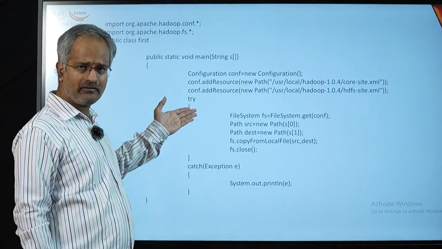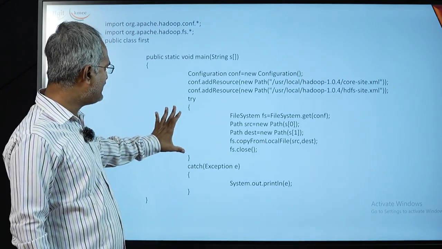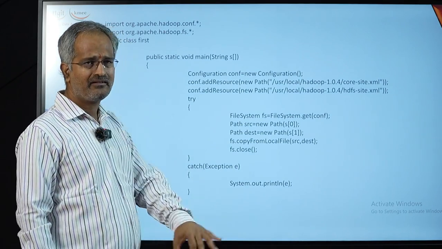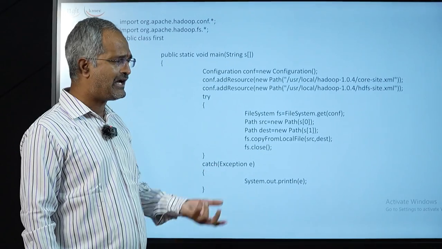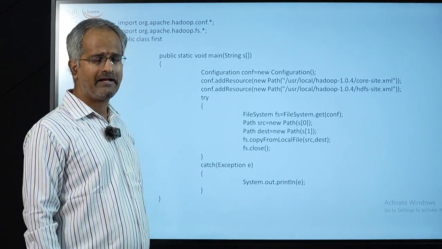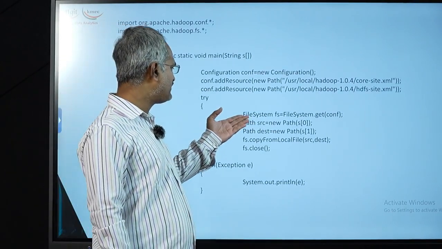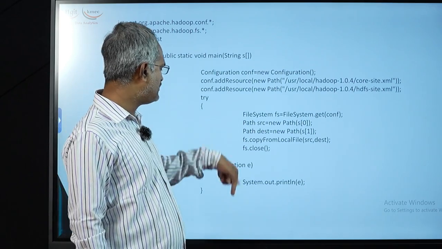And we are handling the exception here in the try-catch block. There is a chance of some exceptions being raised, maybe file not found or file exists. Because of that, we are putting them into the try-catch block and handling the errors.